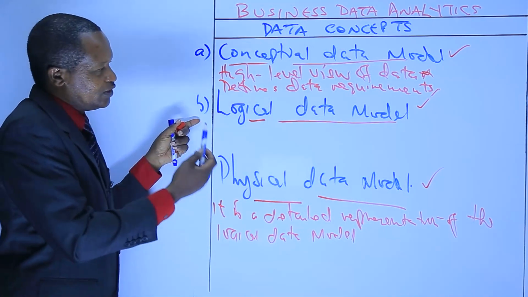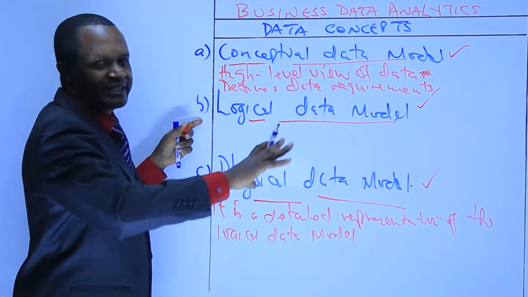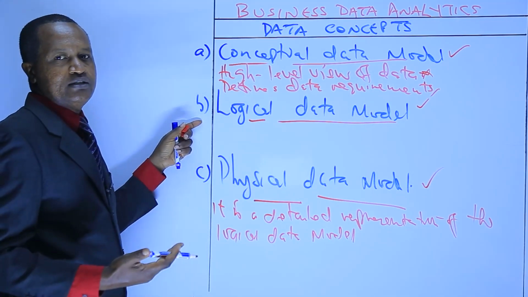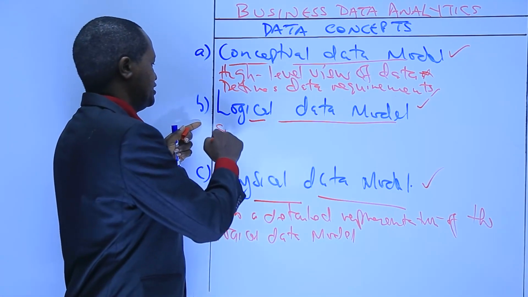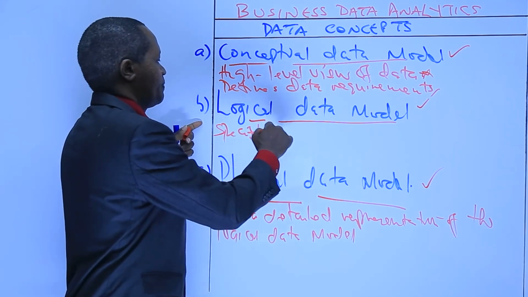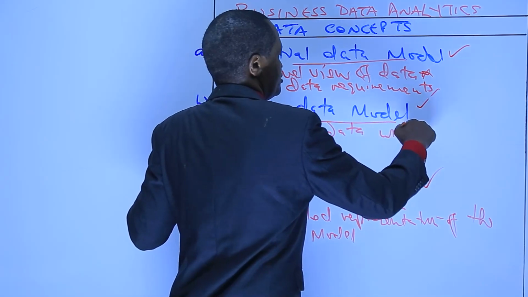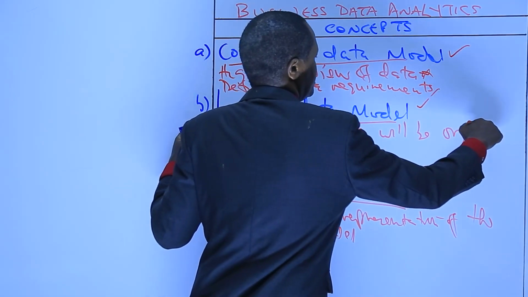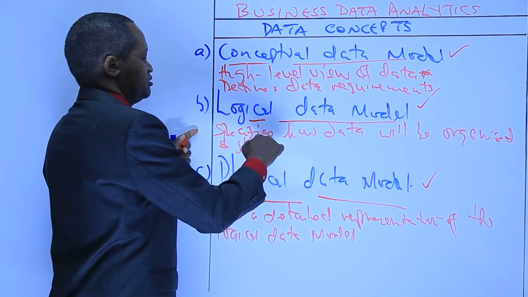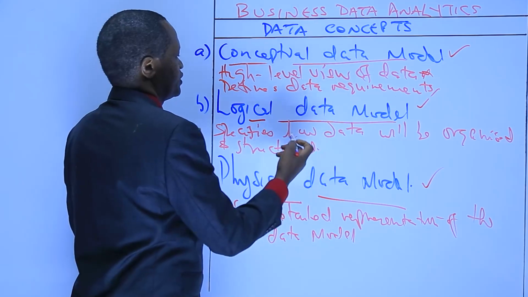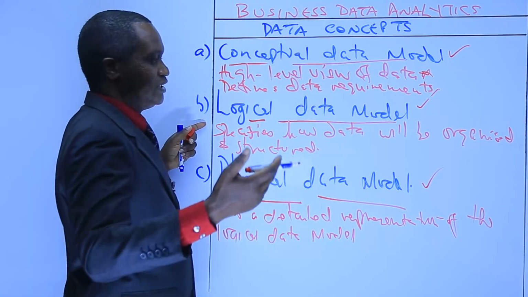Then we say that the logical data model lays out the technical details, specifies how data will be organized and structured. The logical data model specifies how data will be organized, how data will be structured.